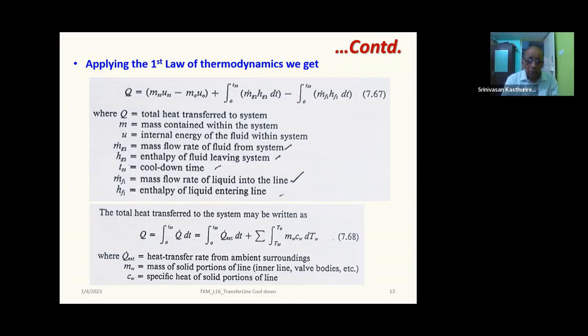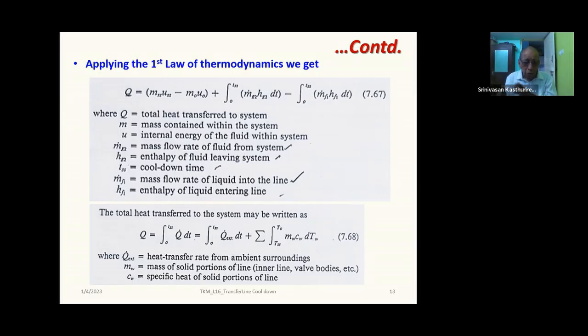Then what about the enthalpy part? The enthalpy part is again, this whole cool down takes place in a particular time called T_SS. T represents the time, SS representing steady state. So it is the integral from 0 to T_SS. What about the one which is going outside? Whatever goes outside is the gas part.